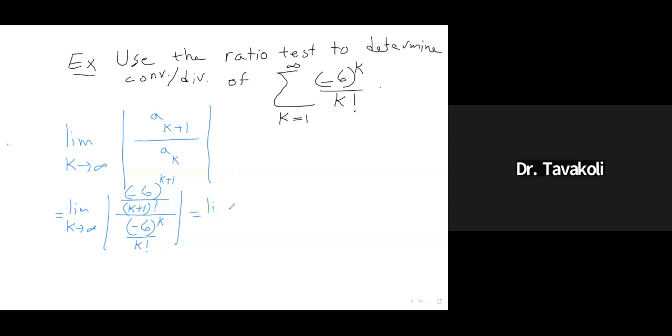How does the absolute value affect this fraction? All the negatives disappear, because the absolute value of -6 becomes +6. So if I apply the absolute value, the top becomes 6 to the power of k plus 1 over k plus 1 factorial. The bottom becomes 6 to the power of k over k factorial.